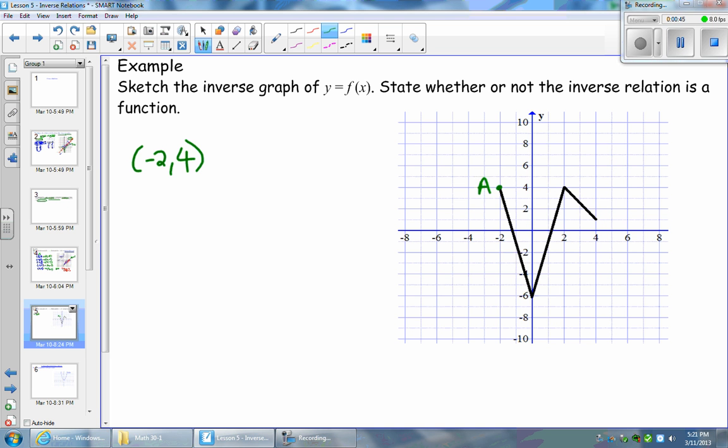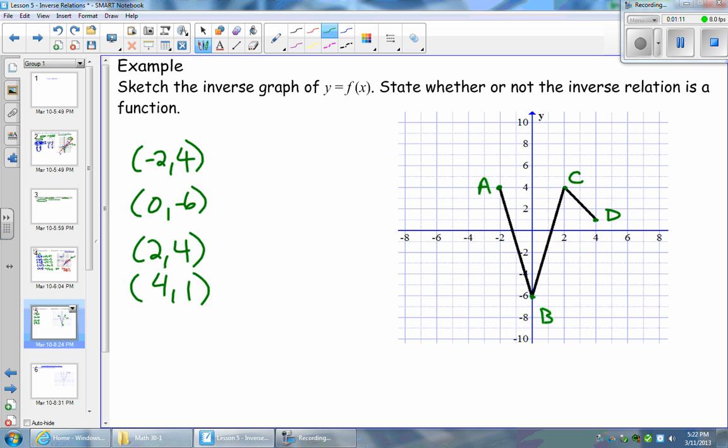So I'm going to label that point as A. The next point I'm going to take the inverse of is 0, -6, which is the y-intercept right there, and I'm going to denote it as letter B. Next point I'm going to choose is 2, 4, and I'm going to denote it as C. And finally, I'm going to pick a fourth point right at 4, 1, which I will denote obviously as letter D.